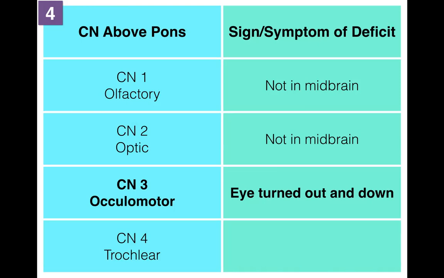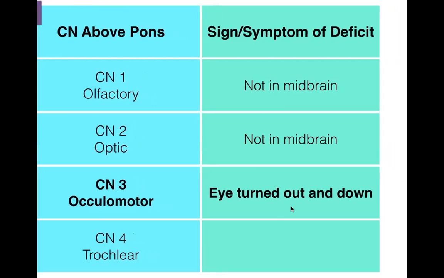So if there's a lesion of the oculomotor, the lateral rectus and superior oblique would predominate. This is the reason why the eyes are turned down and out, because of the combined movement and predominance of the lateral rectus and the superior oblique.